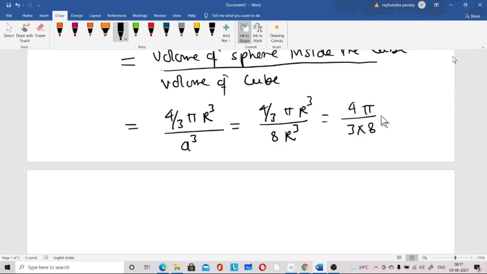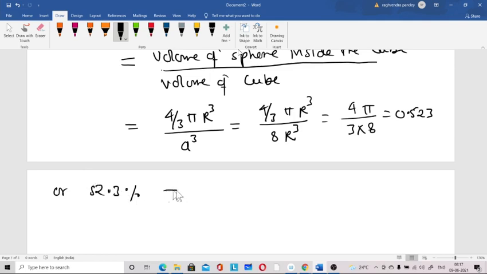So if we do all the calculations, it is 0.523. Okay, so 0.523 means, or we can write this as 52.3%.